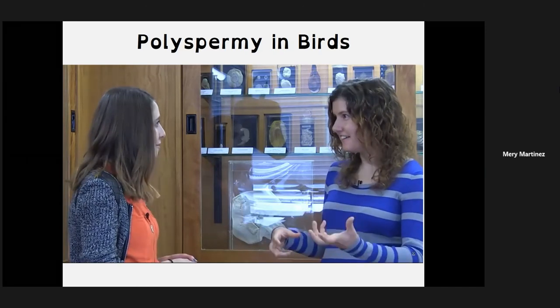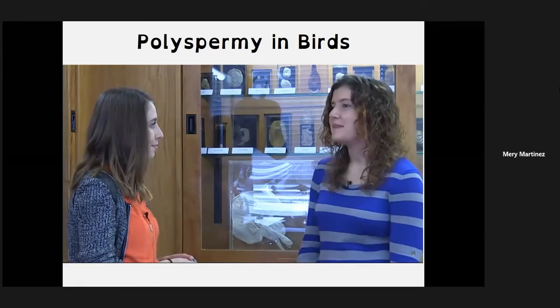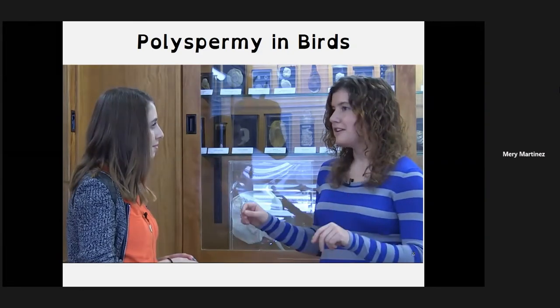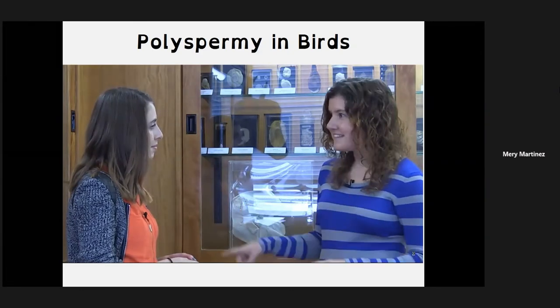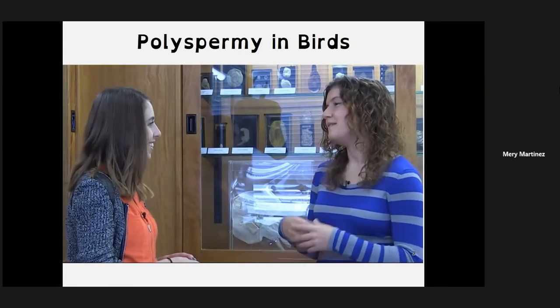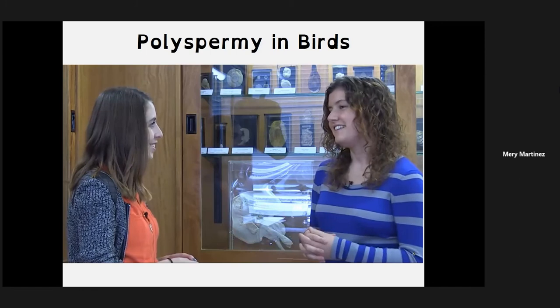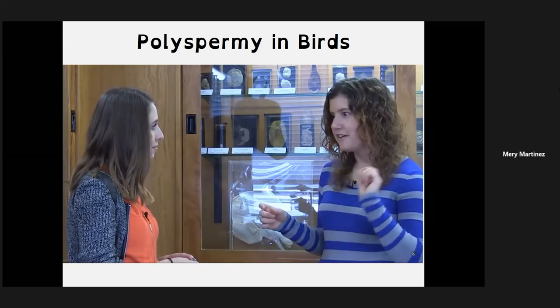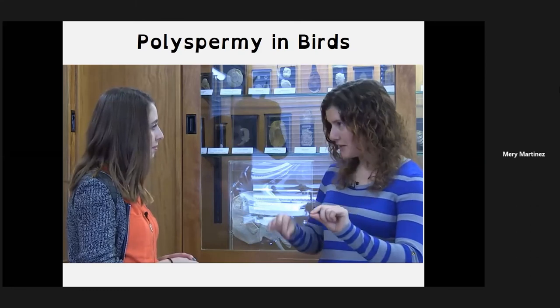So we decided, okay, we need to try and do this properly with a real controlled experiment. So we repeated the whole thing on domestic chickens, in which artificial insemination is well established. So we could do a very low sperm dose and a very high sperm dose, both artificially.